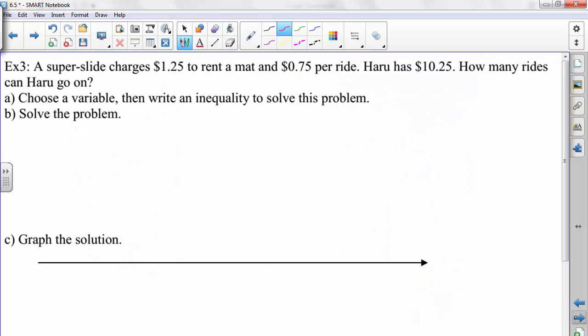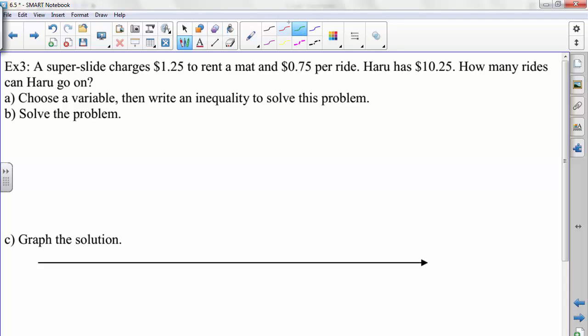This time, let's look at how we can use those inequalities to model some real-life problems, and thereby find the solution from the inequalities. Let's look at the first one, which is example 3. A superslider charges $1.25 to rent the mat and 75 cents per ride.